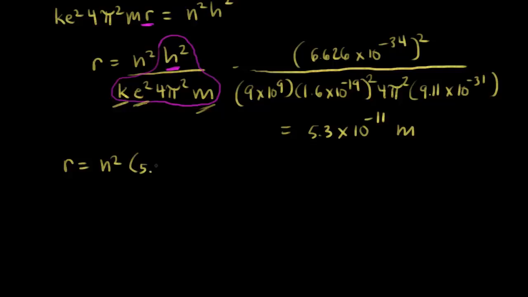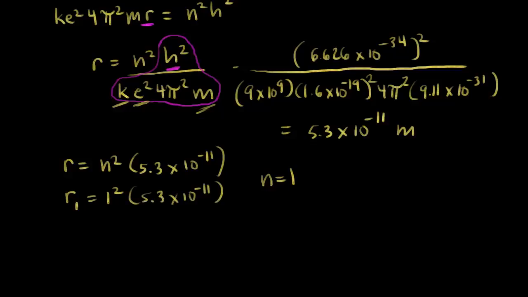So 5.3 times 10 to the negative 11. Let's plug in n is equal to 1, an integer. This represents a ground state electron in hydrogen. So if n is equal to 1, this would be r1 is equal to 1 squared times this number, and obviously that's very simple math.